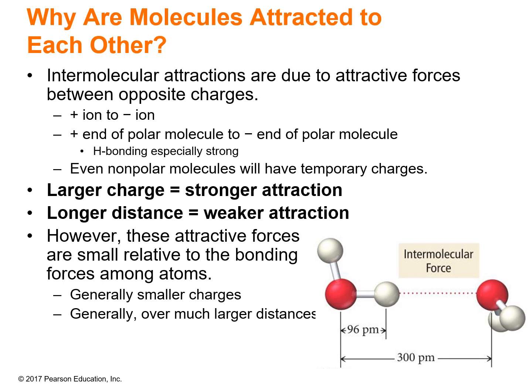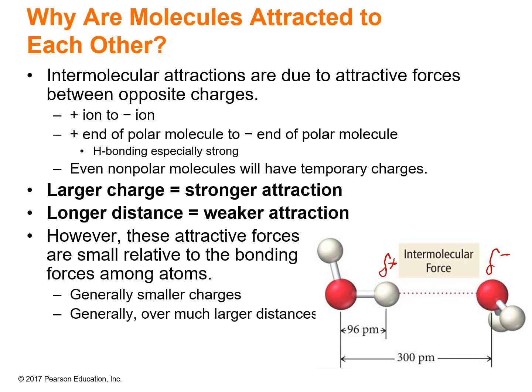For example, we have water: we put a little delta, partial positive for the hydrogen, and our oxygen is a partial negative, a little delta negative, and they are attracted to each other because of the difference in charges. Now, even if we have non-polar molecules, there will be temporary charges that happen.